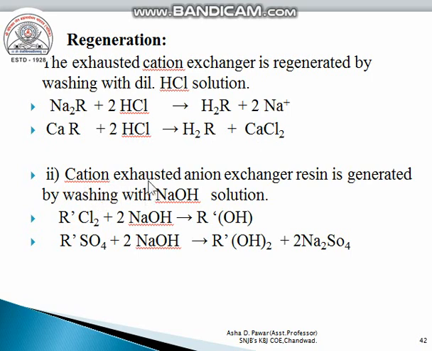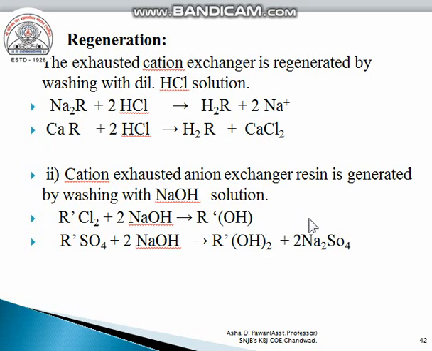When the anion exchanger bed becomes exhausted, it can be regenerated using dilute NaOH solution. It is used to regenerate the exhausted anion exchanger bed, that is, the bed containing anionic impurities like chloride and sulfate. If we pass or add dilute NaOH, the exhausted bed is converted into the active bed, R' OH twice.